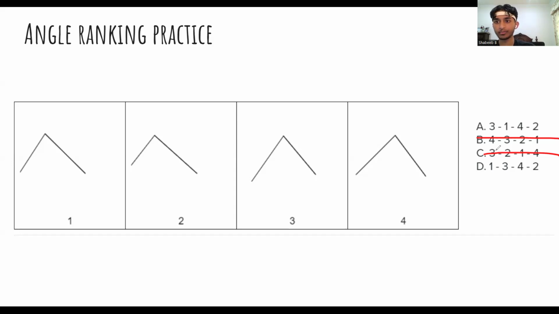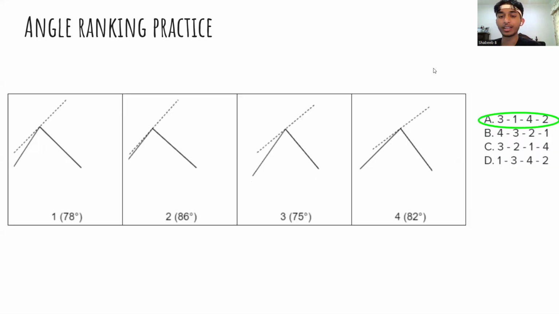Yeah, I'll go with that. Oh shoot, I said three is smaller. Okay, that means A. So I'm going to go with A. Let's see if that's right. Okay, cool.